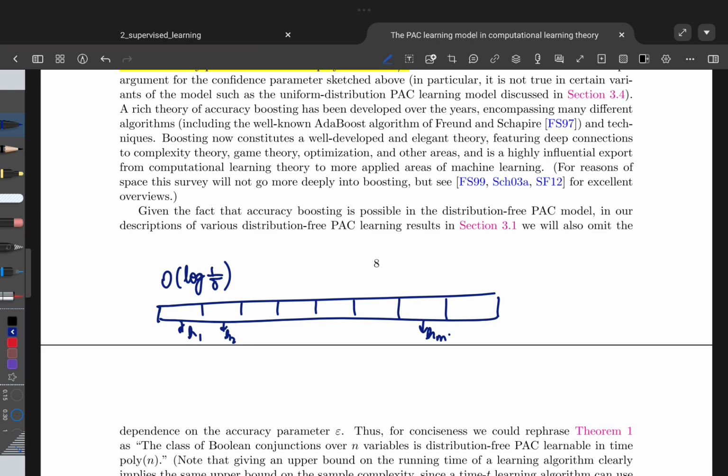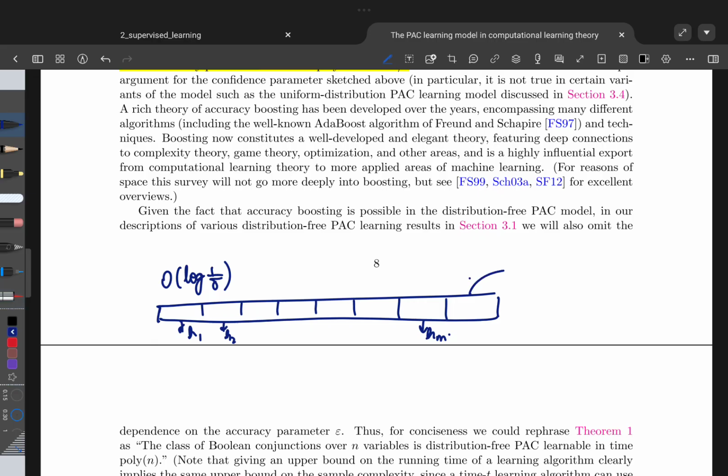Let's say that over each chunk, I did empirical risk minimization. Depending on the realization of the samples within each chunk, I could get a different predictor, right? But now I want to choose that predictor which gives me the least generalization error. That's the end goal. And I know that these predictors achieve a probability of error that is at most half minus epsilon. That's the guarantee that I have.